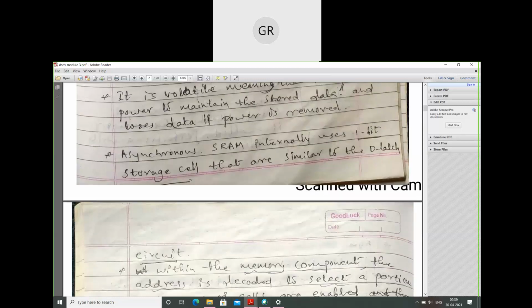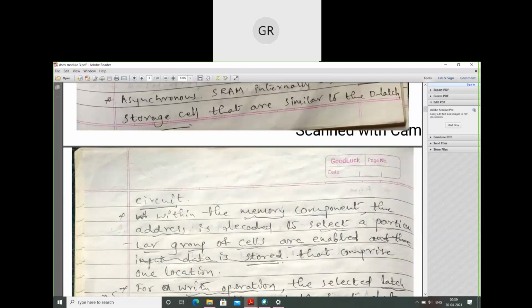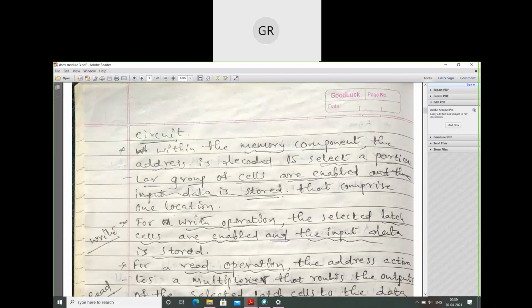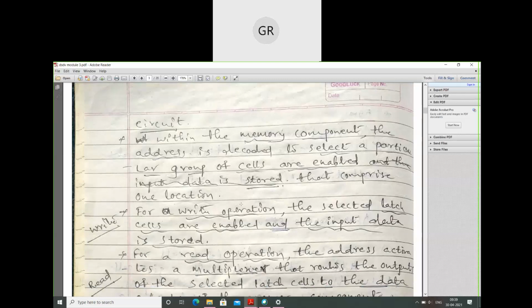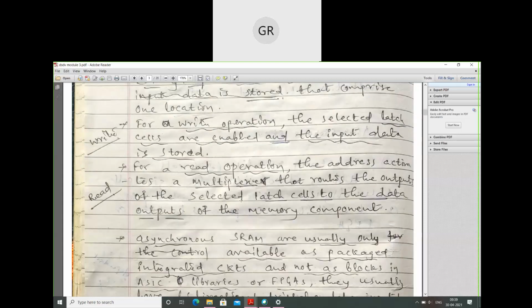Asynchronous SRAM internally uses 1-bit storage cells that are similar to D latch circuits. Within the memory component, the address is decoded to select a particular group of cells that comprise one location. During the write operation, the selected latch cells are enabled and the input data is stored.